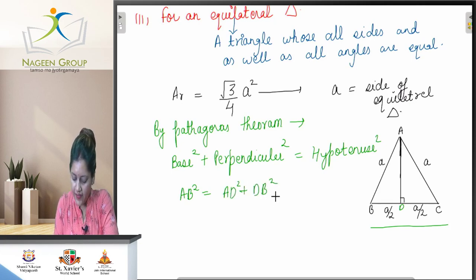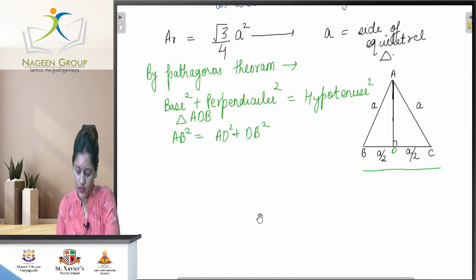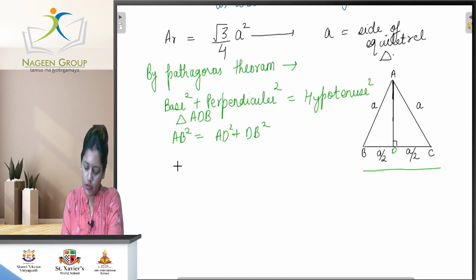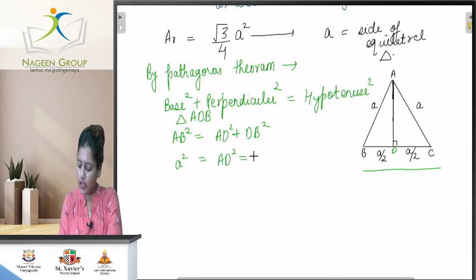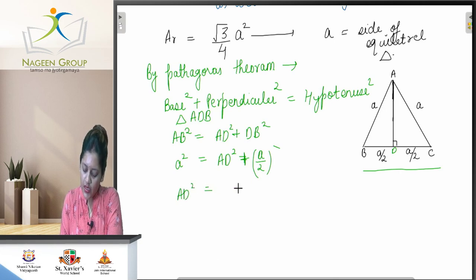Taking triangle ADB, AB square, that is a square, is equal to AD square, which is not given and you have to find, plus DB square, that is a by 2 whole square. Then AD square is equal to a square minus a square by 4.